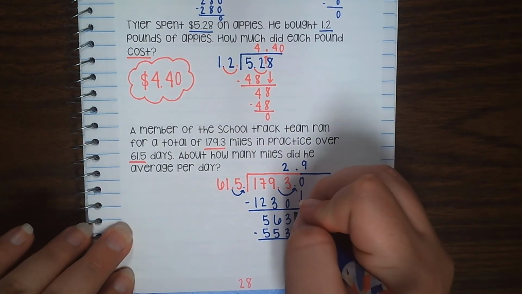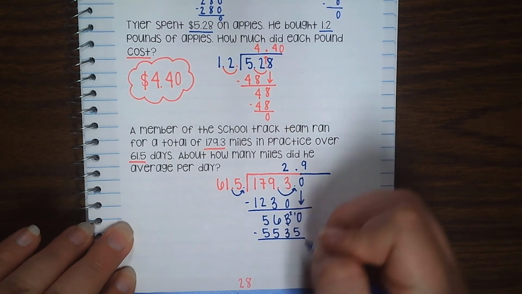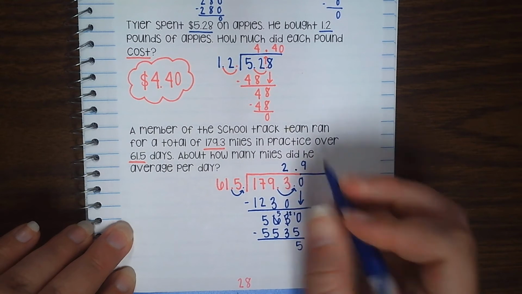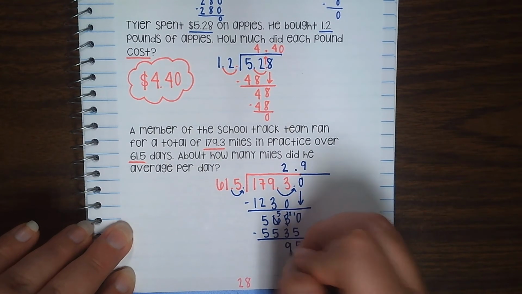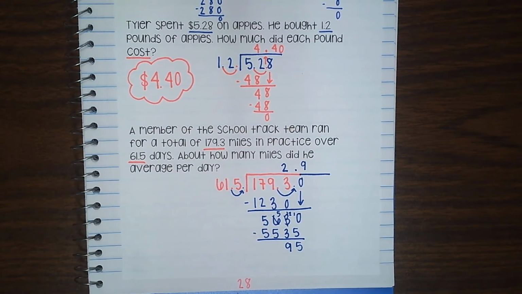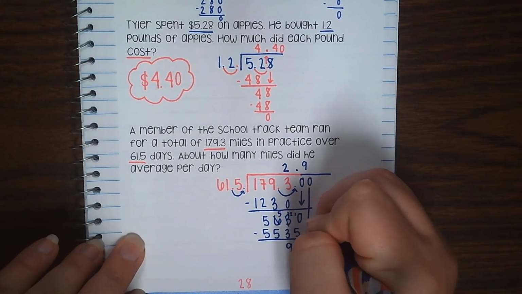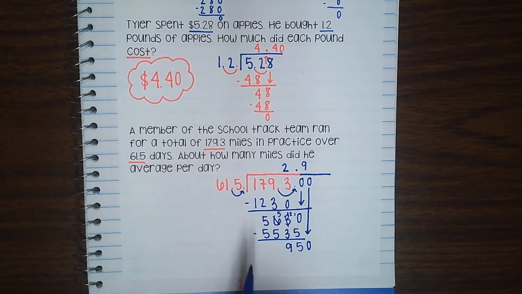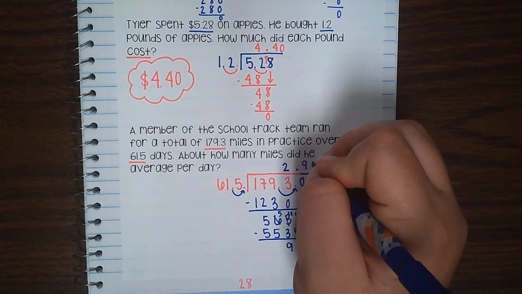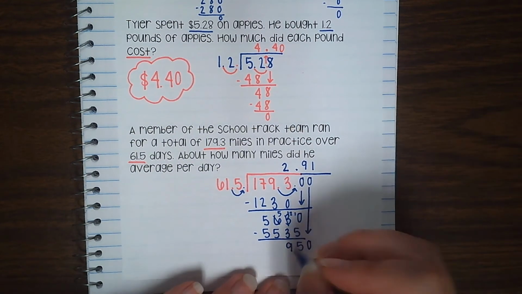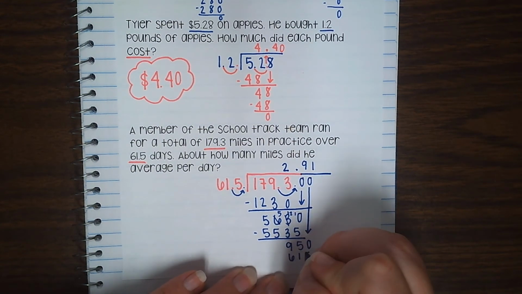Subtract that, make that a 10, make this a 2, that gives me 5, borrow again, that makes that a 9, bring down your 0. 615 can go into 950 one time. 1 times 615 is 615.